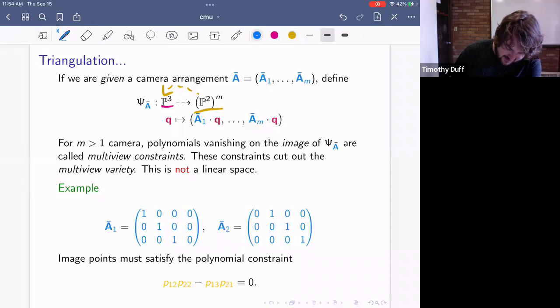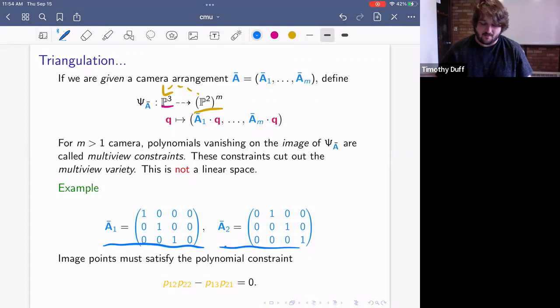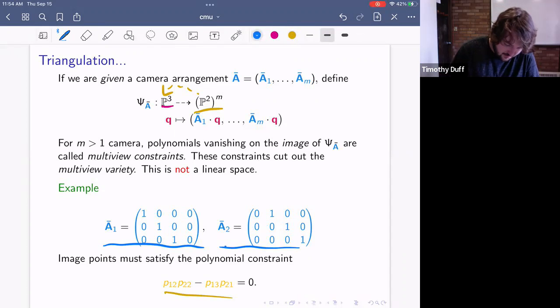So a simple example, let's say that one camera matrix looks like a 3x3 identity block on the left, and another camera matrix looks like a 3x3 identity block on the right. Then I claim that the image points that I get have to satisfy this quadratic constraint. And this is a pretty easy calculation, so let's just do it.